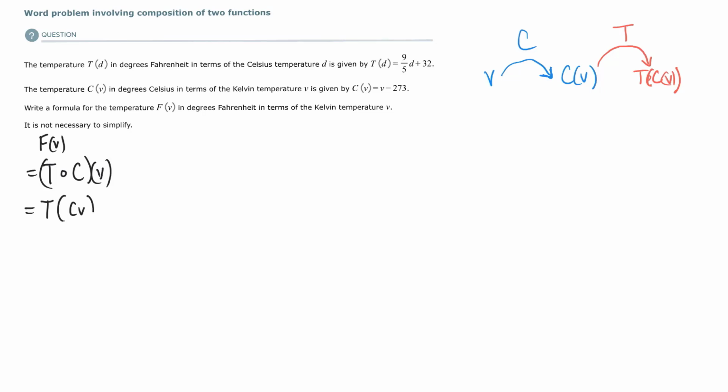What is C of v? C of v is v minus 273. Now we're going to use the function T. T says take 9/5, put parentheses, v minus 273, and then finally add 32.